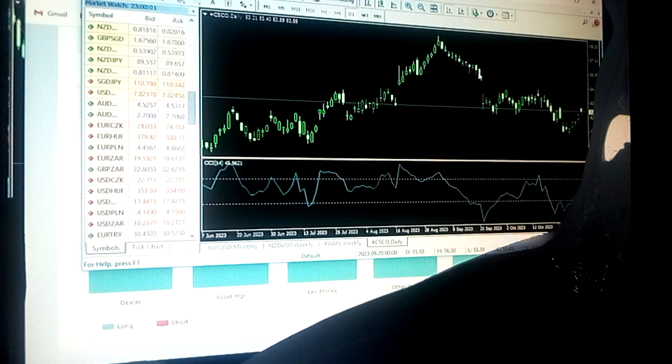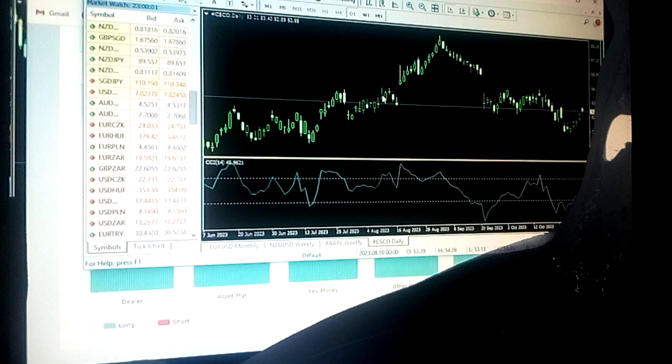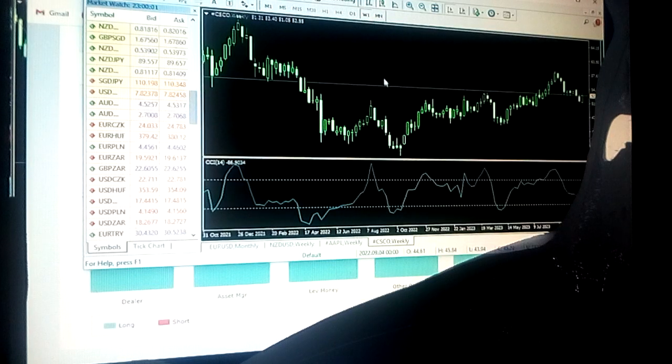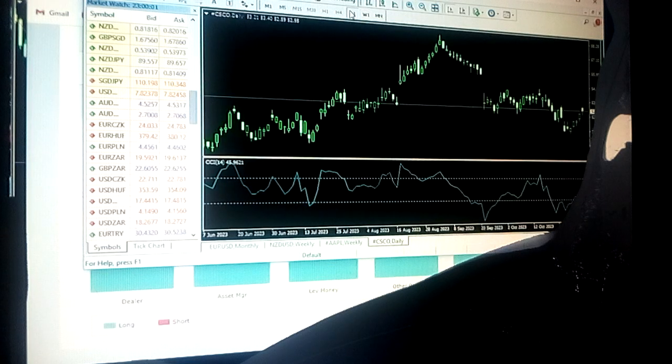Okay. So why am I telling you the difference between currency and stocks? It's this thing here. You see, in currency most of the time we don't have these gaps, okay, but in stocks we do have this gap mostly, okay.